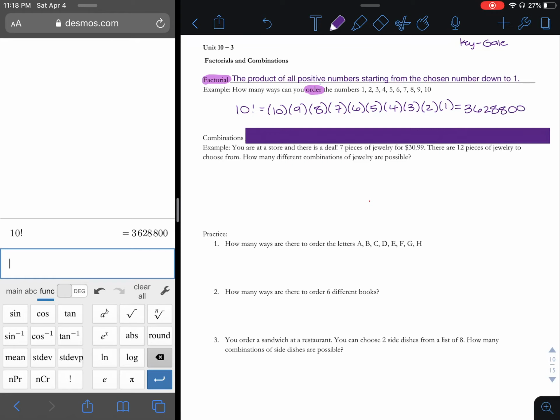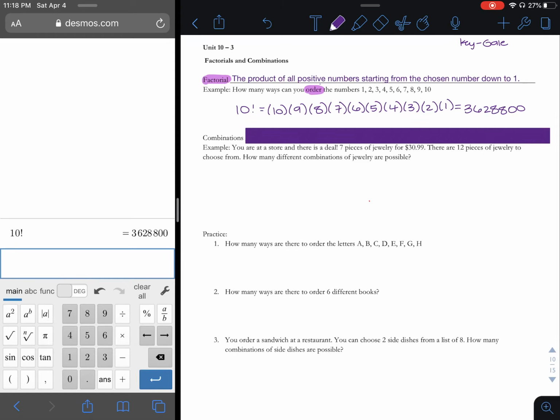So I have 3,628,800 ways to order my numbers 1 through 10. I know that is a huge number, but that's why we have these functions in our calculator. They make it easier for us to calculate them. I would never make you do that by hand.